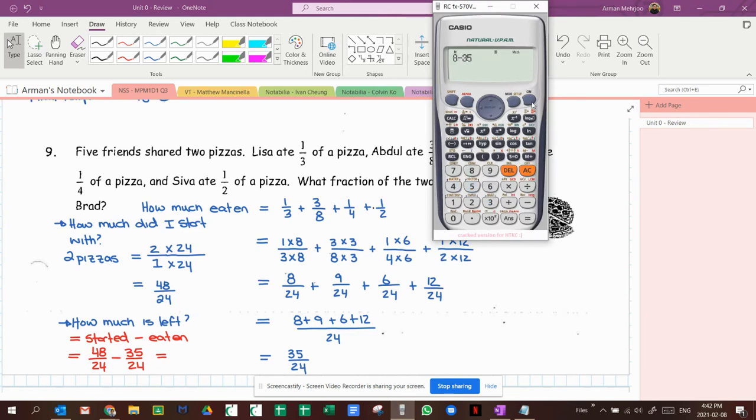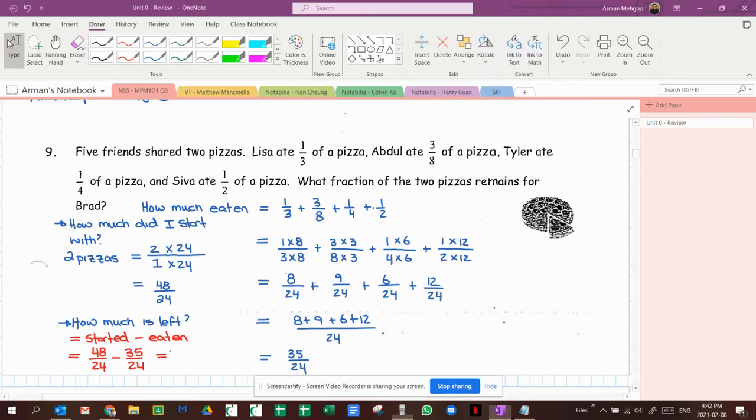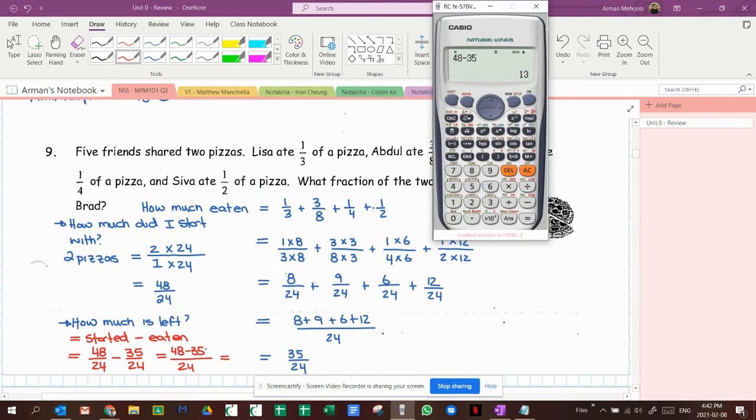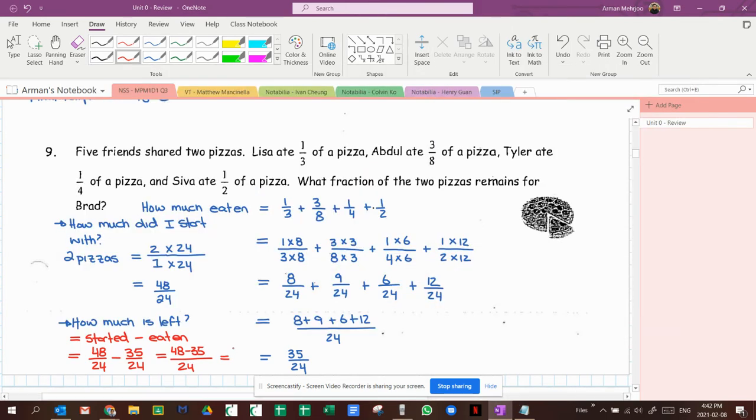I can do that because both of my denominators, the bottom parts of my fractions, are the same. So 48 minus 35 is going to be the same thing as 13 over 24. So that's how much of the pizza is going to be left for little Brad.